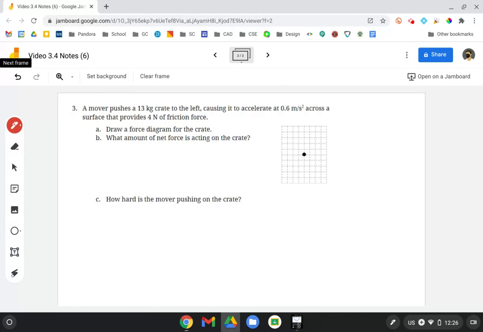For our second example here, we have a mover that's pushing a 13 kilogram crate to the left, causing it to accelerate at 0.6 meters per second squared across a surface that provides 4 newtons of friction force.